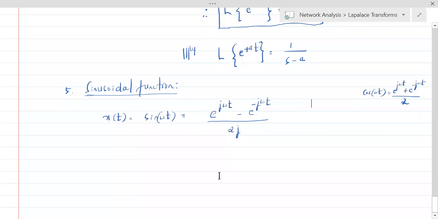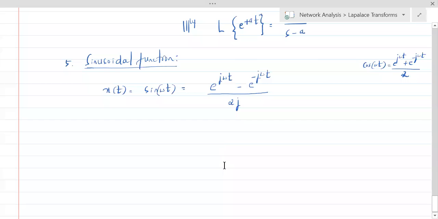Fine. Now we shall apply the Laplace transform on this because we have been obtaining the Laplace transform of the sinusoidals. So what is Laplace transform of x of t?